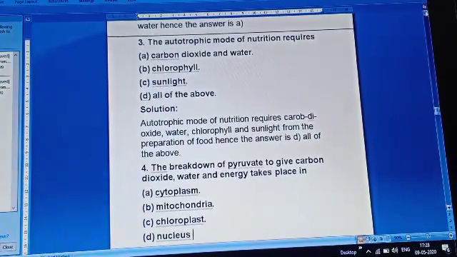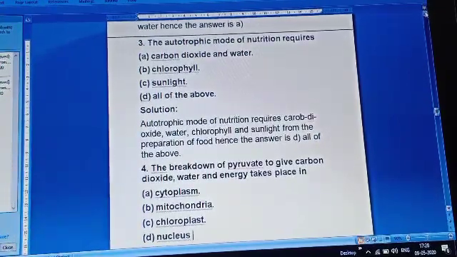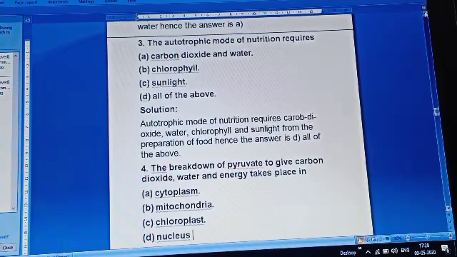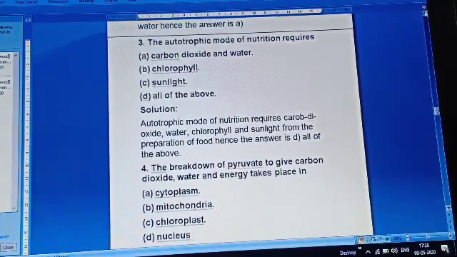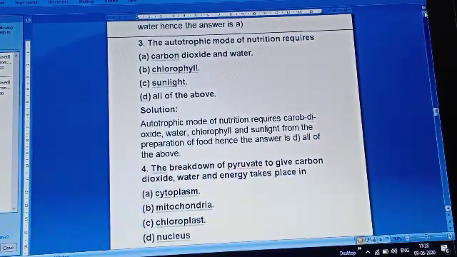As we already saw in the chapter, the basic requirements of photosynthesis include carbon dioxide, water, chlorophyll and sunlight. Without them, autotrophs cannot make their own food, because without these things the photosynthesis process does not occur.